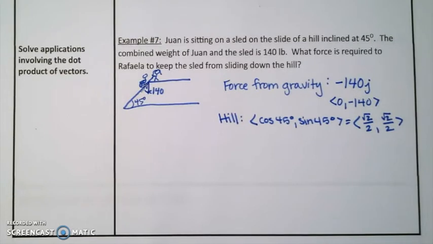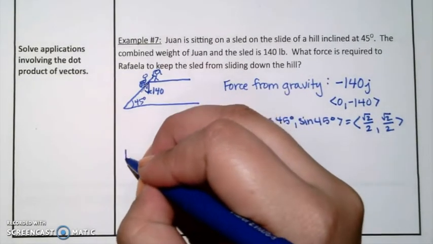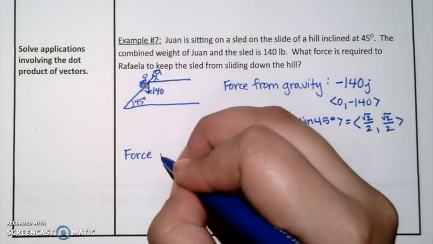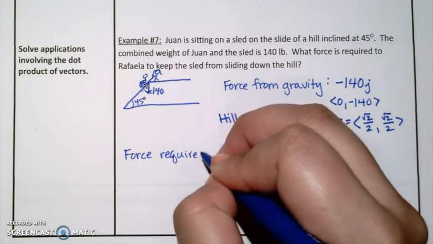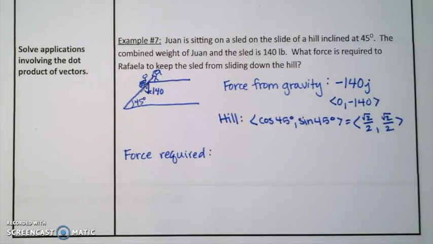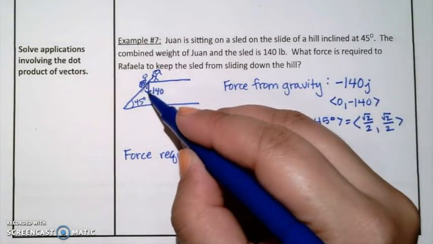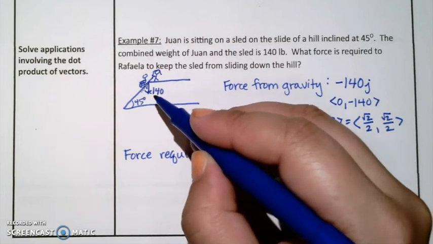Okay? Now what we want to find out is what force is required in order for the sled not to be pushed down the hill. Okay? So the force required can be calculated by, and this is where you need some prior knowledge, if u is a force vector, then the magnitude of the projection results in the force in that direction. So that tells us that, let me draw this triangle a little bit bigger.